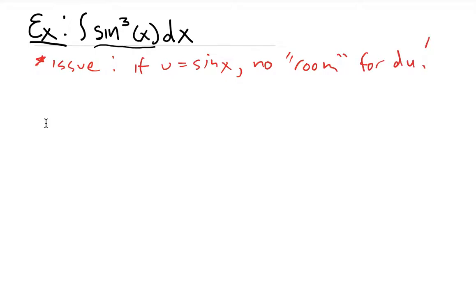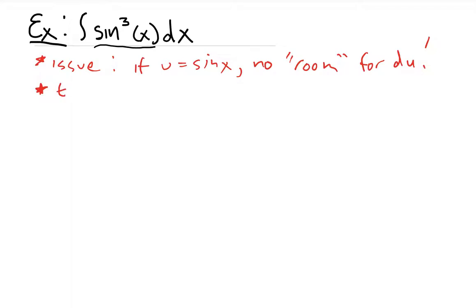So here's the goal of this section. We are creatively trying to make room for du's, or point out where my du's should be, so that I can appropriately use u substitution. Now, for this particular question, I will offer a set of steps that we should try, namely 3 things, and I'll list them out here.